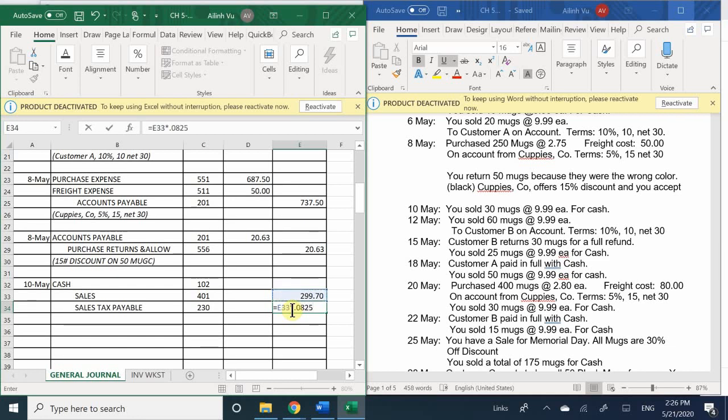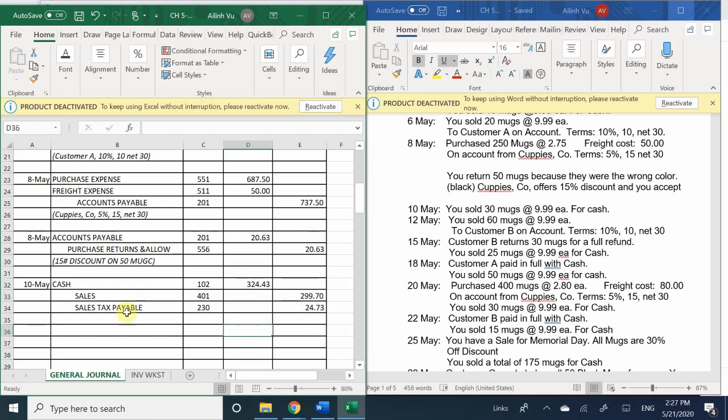Good. That's 24.73. Good. Then we add that to the sales amount. Yes, we add these two numbers together, and you'll get $324.43. Yes, good job.